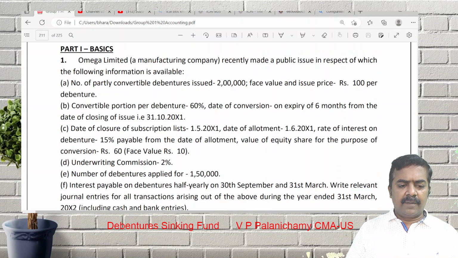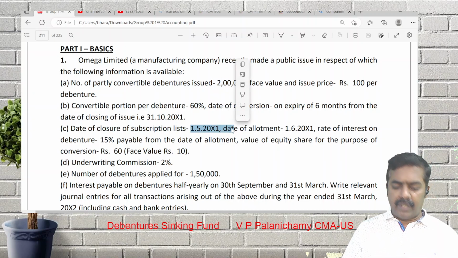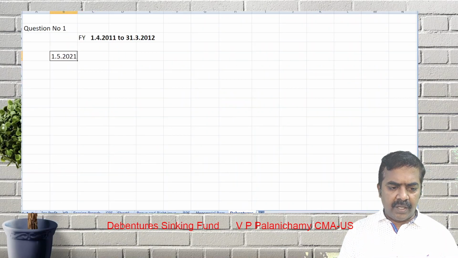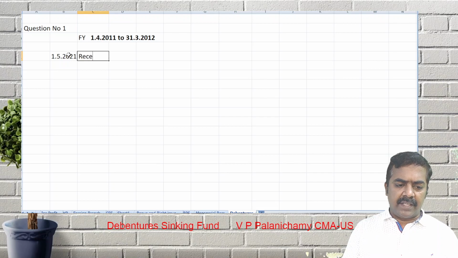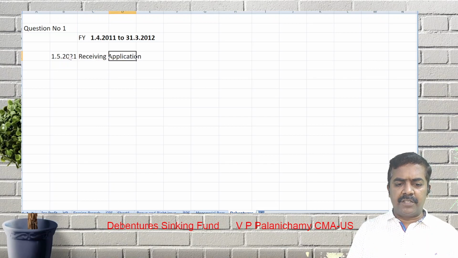When are the subscriptions closed as per the problem? 1/5/2011 is the date of receiving applications. How many applications have we received from the public? 1,50,000 applications.